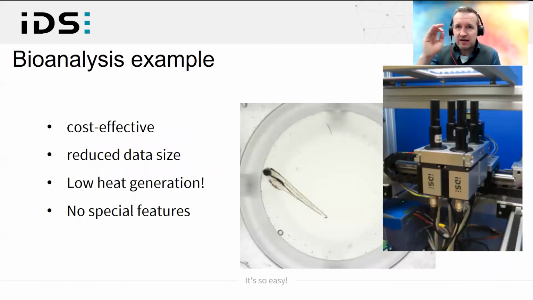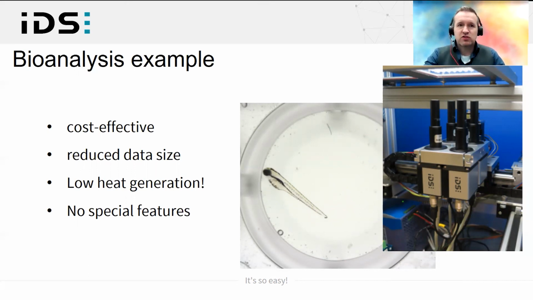Take, for example, an application from the medical field, like this here. For a high throughput bioanalysis workflow, simple but time-consuming individual tasks are to be automated using industrial cameras and state-of-the-art image processing. Each individual step requires several cameras that record image series in a narrow space at low frame rates and in only a 1 megapixel range.